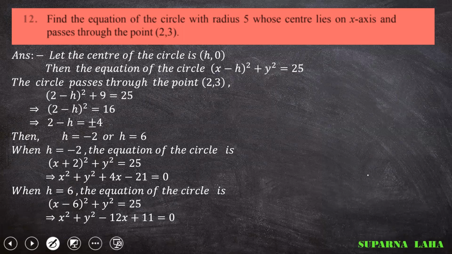Clear? So these are the equations of the circle whose center is on the x-axis, radius is 5 units, and passing through the point (2, 3). The solutions are very easy. The questions from NCERT are very easy.